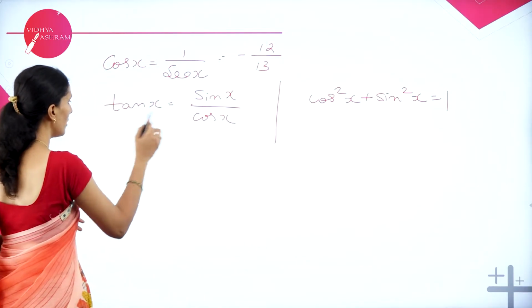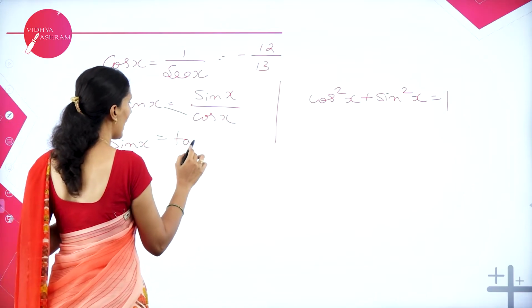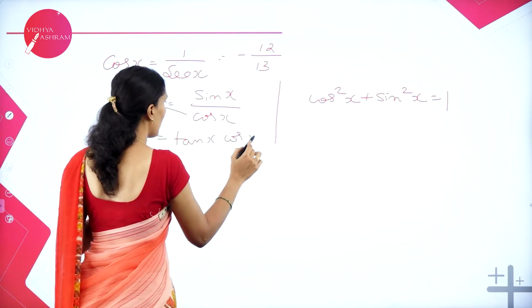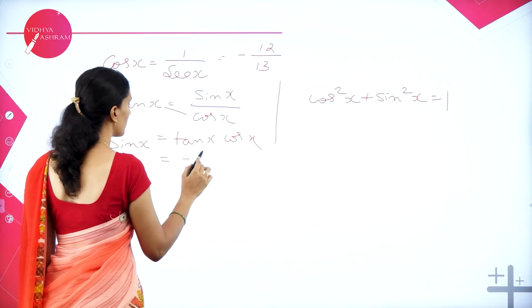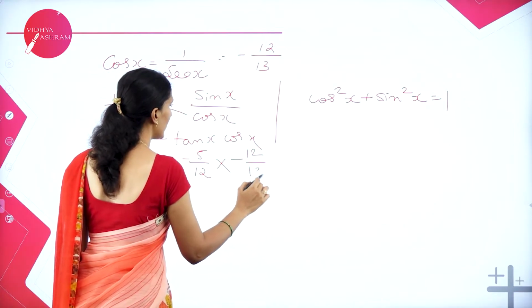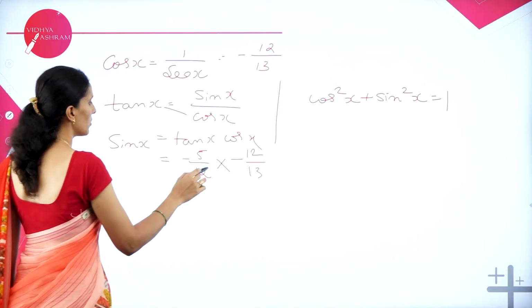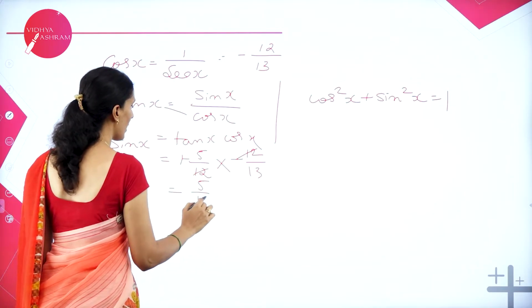I'll use this one. Sin x I need. So let me multiply tan x and cos x. The value of tan x is minus 5/12, and cos is minus 12/13. So 12 gets cancelled, minus into minus is plus, so it is 5/13.